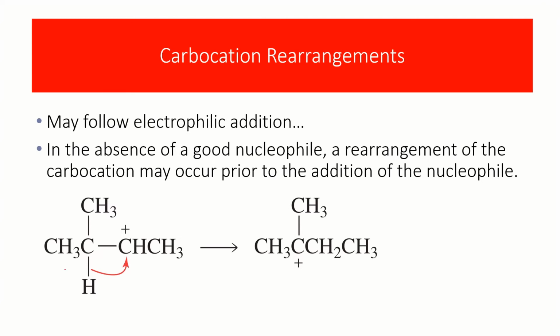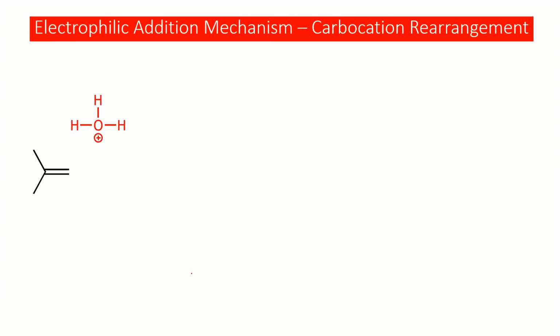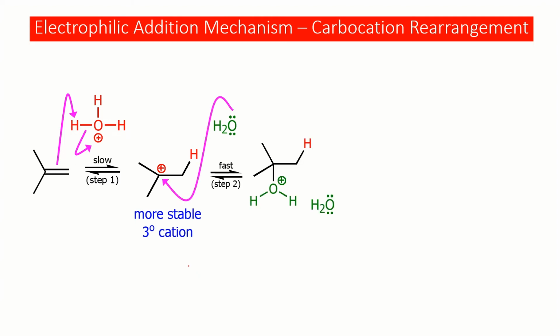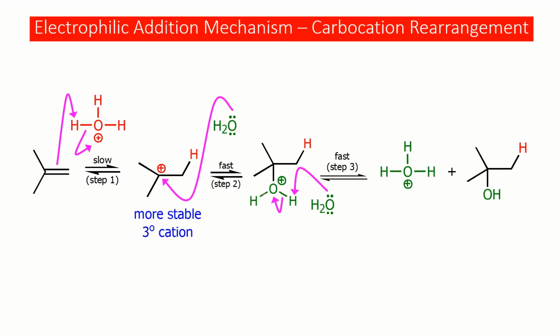But on a hydride shift, meaning that assuming this is carbon 1 and carbon 2, the hydrogen moves from carbon 2 to carbon 1, and we end up with a tertiary carbocation in this rearrangement instead of a secondary carbocation. The carbocation here dominates, it's quite nice. No tendency to rearrange here.